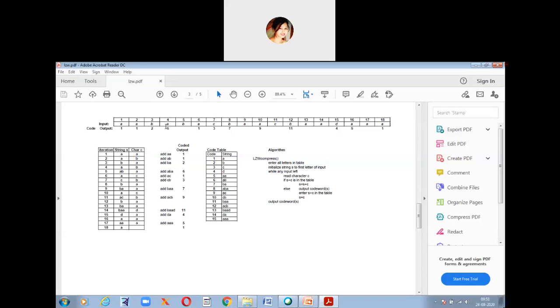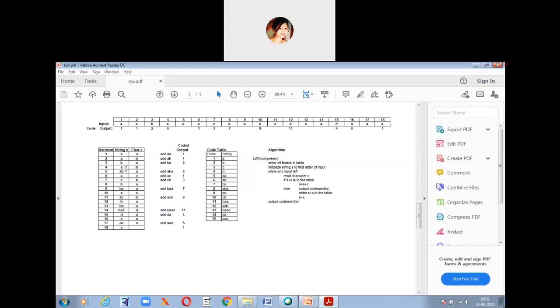We are concatenating this string of characters. When we concatenate AA, the output code for the first character A is 1. Again, when we concatenate AB, we write 1, because the output value is 1 for this string. Then BA.